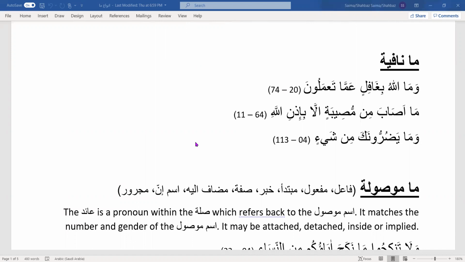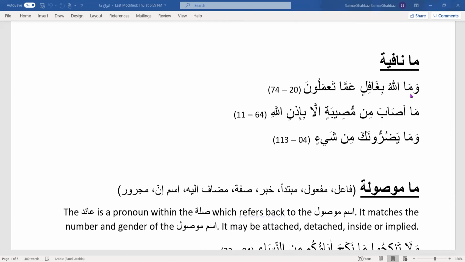Okay. Good. Next one, ma nafiya. Again, this is a ma everybody knows already. Ma nafiya means not. Nafiya, which does nafi of something. For example, like the first one I wrote, وَمَا اللَّهُ بِغَافِلٍ عَمَّا تَعْمَلُونَ. Wa and ma, not.